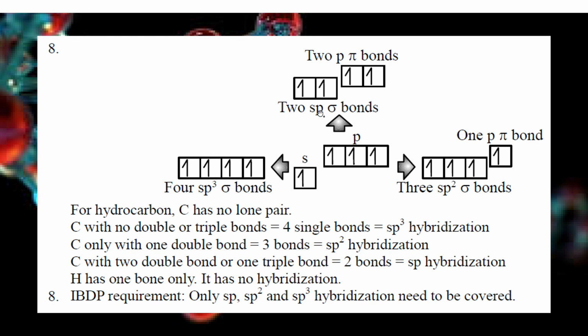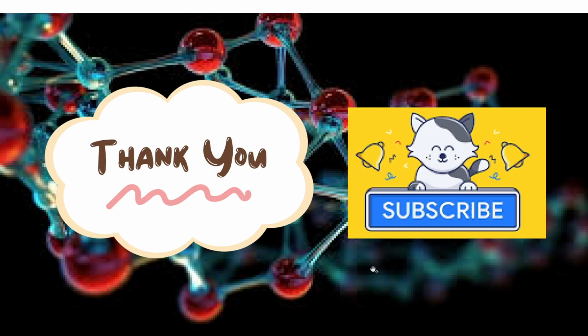One triple bond or two double bonds, sp hybridization, and the others are pi bonds. Remember, pi bonds don't hybridize. That's the important thing to think about for hybridization. Double bond, one pi bond doesn't hybridize. Triple bond, two pi bonds don't hybridize. And count the others. Got it? Well done. See you next time. Bye.